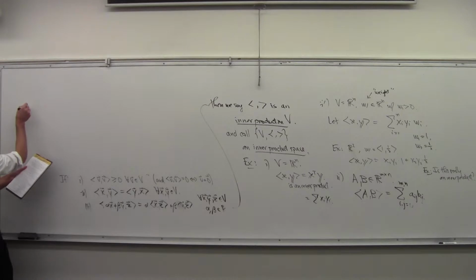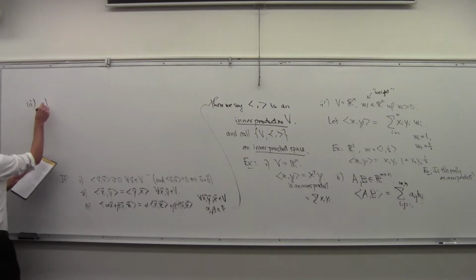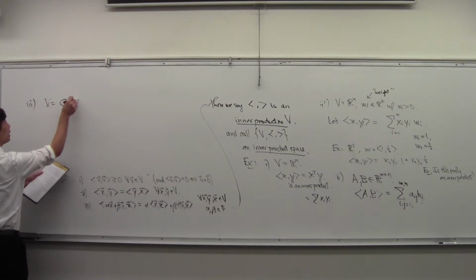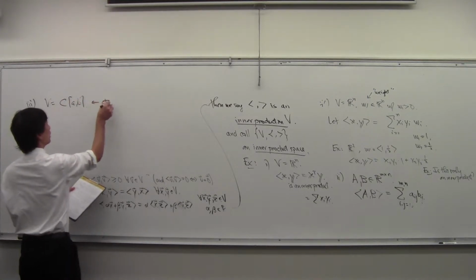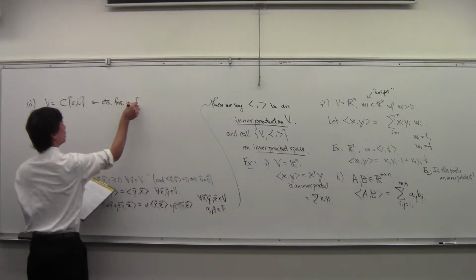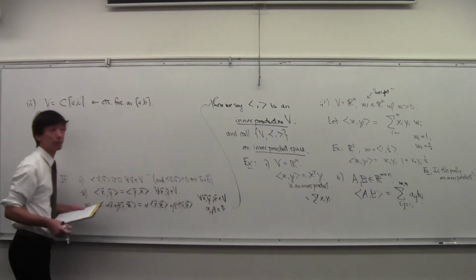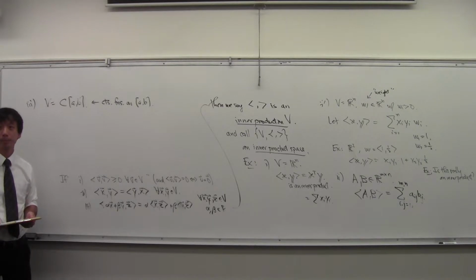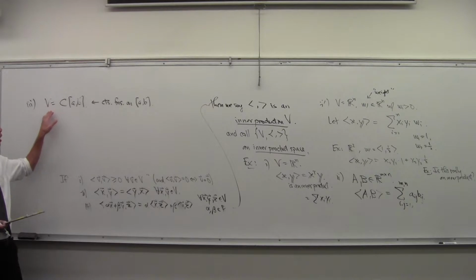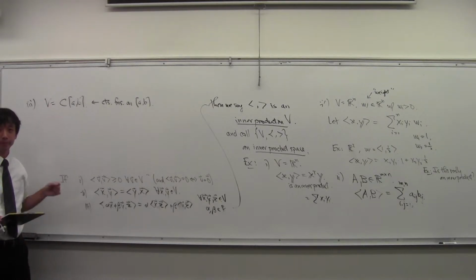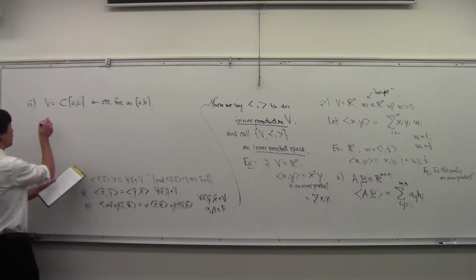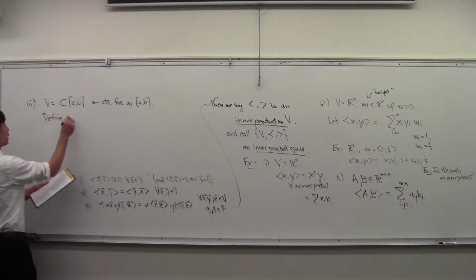Here's one that actually is interesting. Let your vector space be the continuous functions on the closed interval [a, b]. So your vectors are functions, continuous functions. Now we define an inner product.